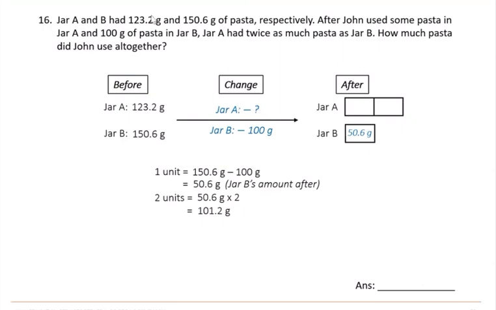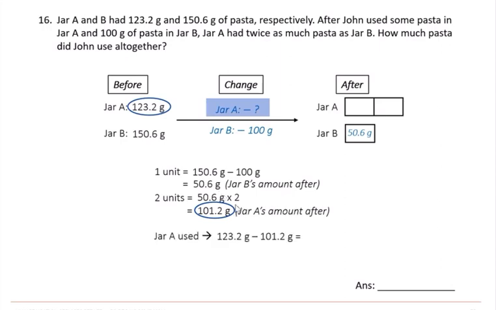So if you look at jar A, you know that A actually got 123.2. After using some, jar A left with just 101.2. So in order to find jar A here, you need to take 123.2 minus away 101.2. So jar A will use only 22 grams.